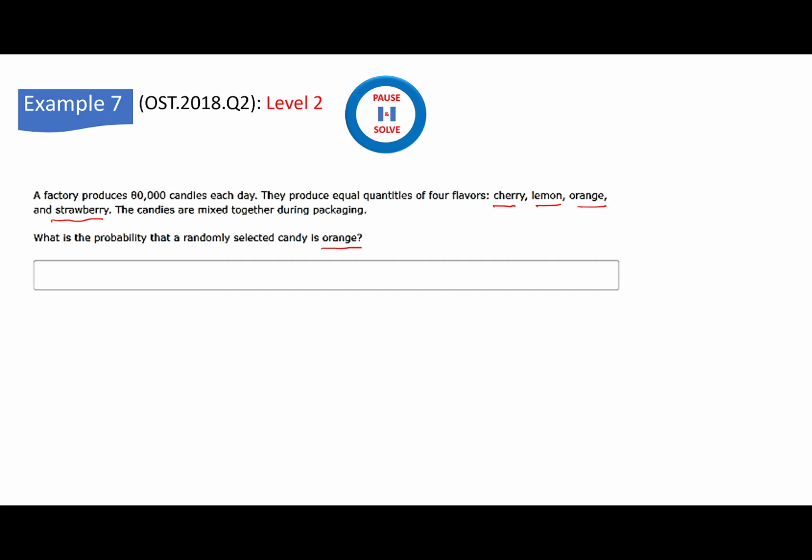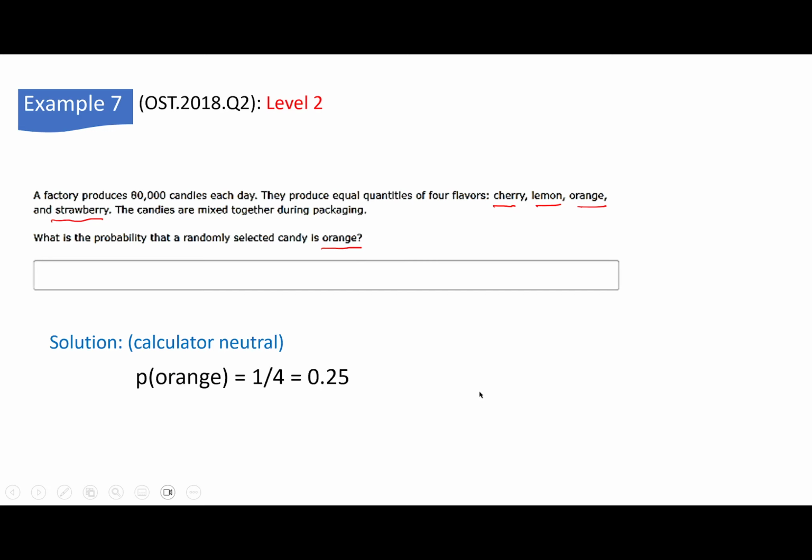Now again, this 80,000 has nothing to do with the answer, okay? It could be 200,000, it could be whatever number it is. But you have 4 flavors, and you're selecting one of them, so 1 out of 4. That's a very simple question like that. Don't miss it on the test. 0.25.